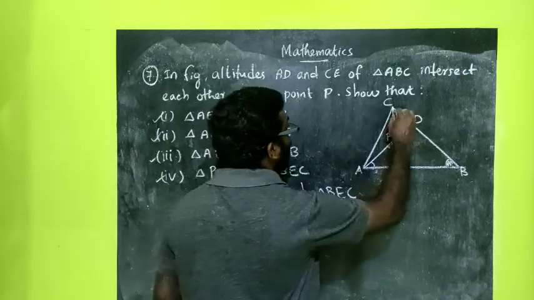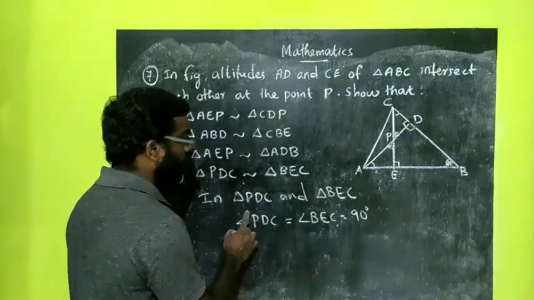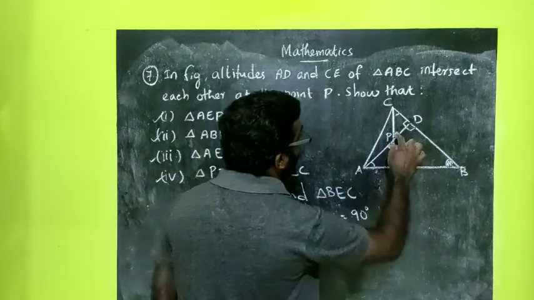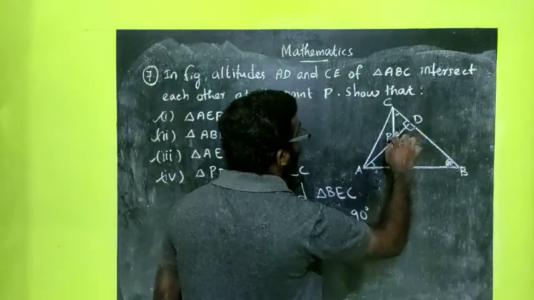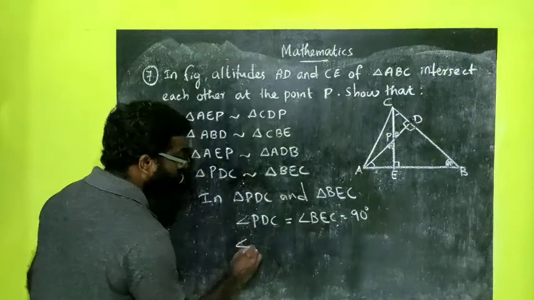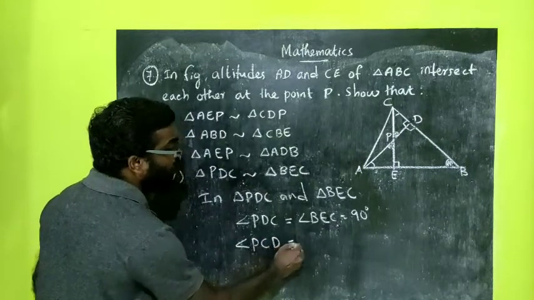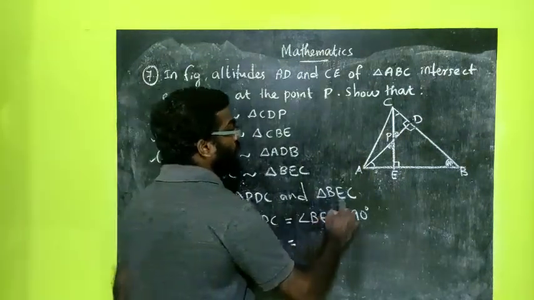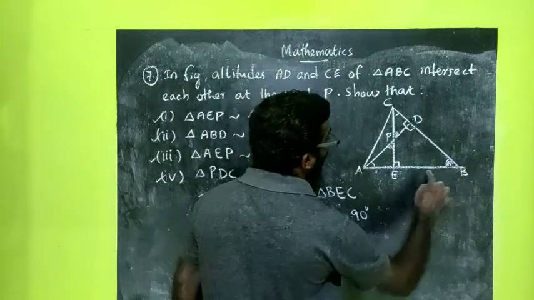And C is the common angle. So in triangle PDC we can write the name as PCD. Okay, PCD. Angle PCD will be equal to BEC, triangle BEC.